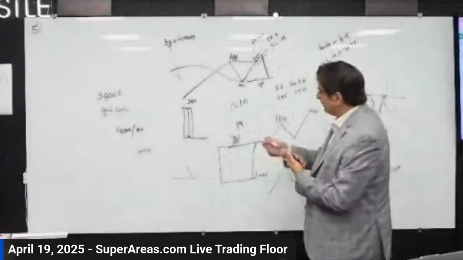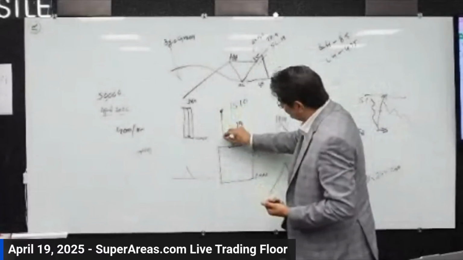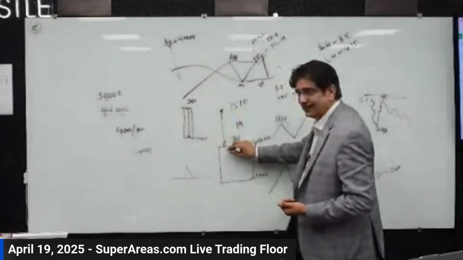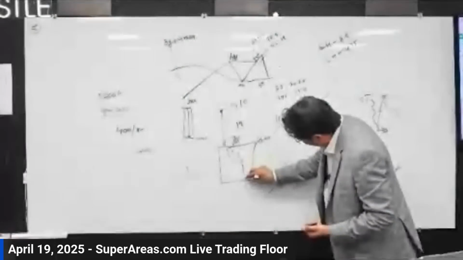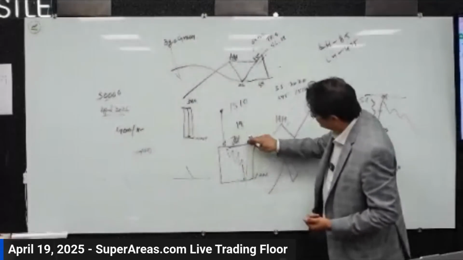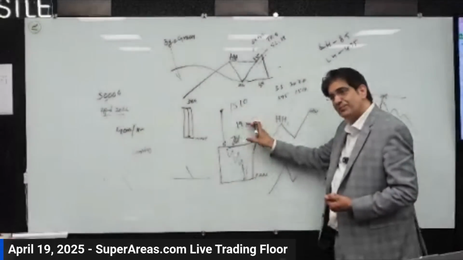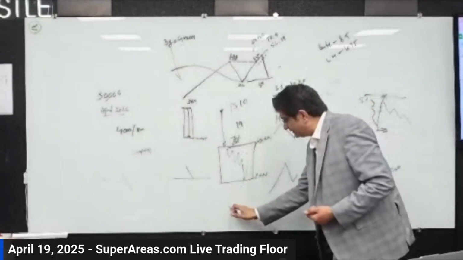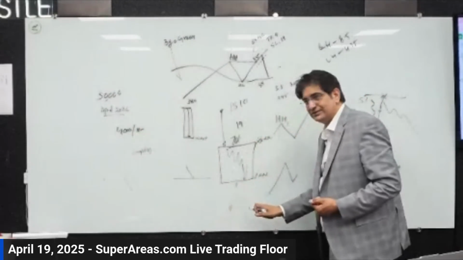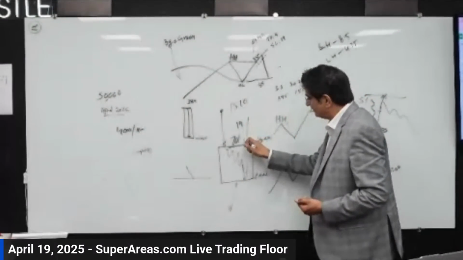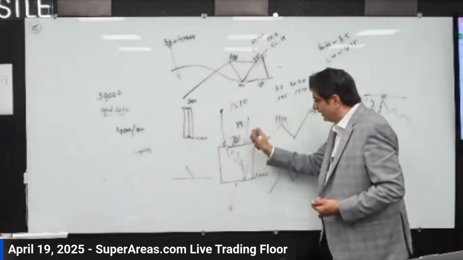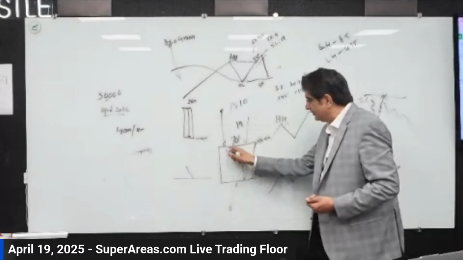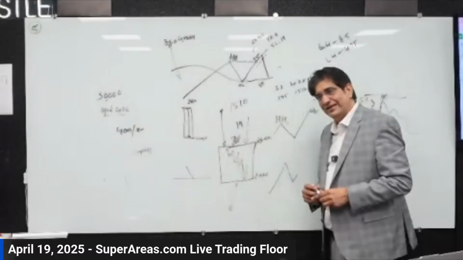So if the price opens here, it wants to go inside. If it gets inside, generally it fills it, and this acts like support and resistance. If the price opens here, this will act like a resistance. If the price opens here, this will act like a support. And once it gets inside, the majority of the 80% will get filled.